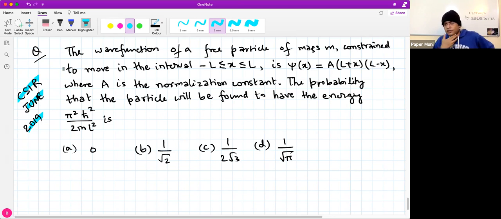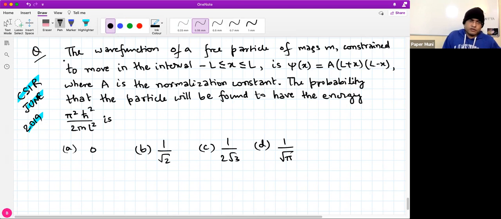It's almost the same as the previous one, only the wave function given is different. I want you to do it as homework. If you face a problem, then we can discuss. I think you'll be able to do it.